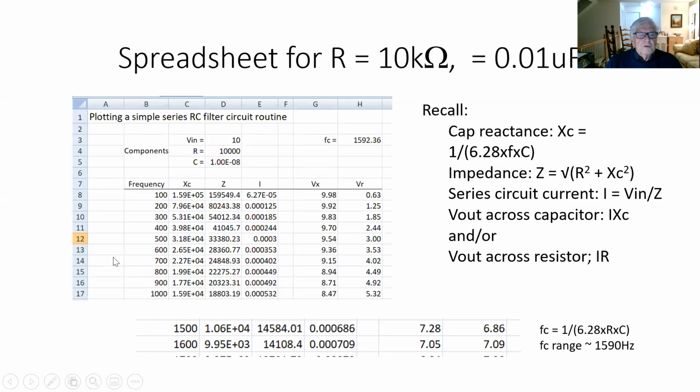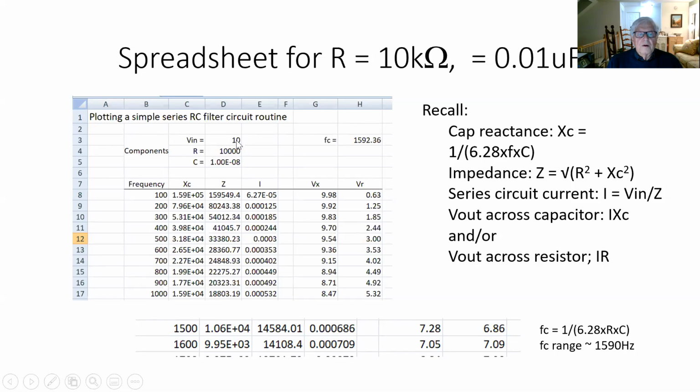But from this frequency, we first calculate what our capacitive reactance is, which is proportional to frequency, and we get a list of values. From XC and from R, we can get an impedance Z out of that.